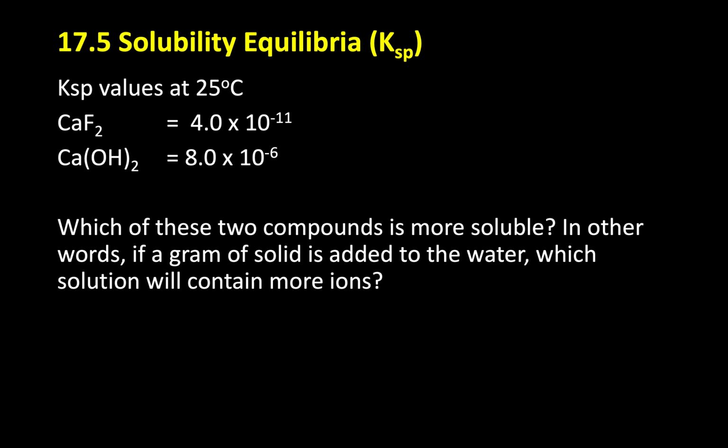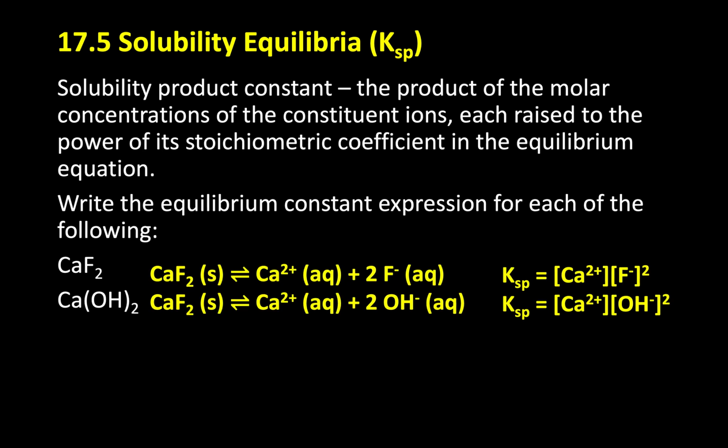So what that means is it kind of dissolves, kind of doesn't. Okay, so it does have a very small Ksp. So what that means is in solution, we don't have a lot of these two ions. Okay, the larger the Ksp, the more of these ions you're going to have.